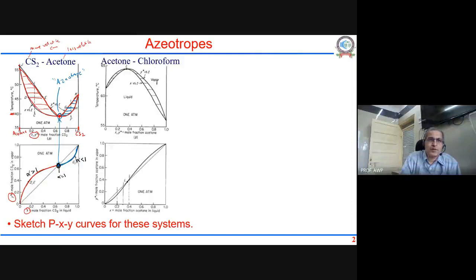The boiling point of this azeotropic mixture is lower than the individual boiling points. So this particular azeotrope is called a minimum boiling azeotrope.